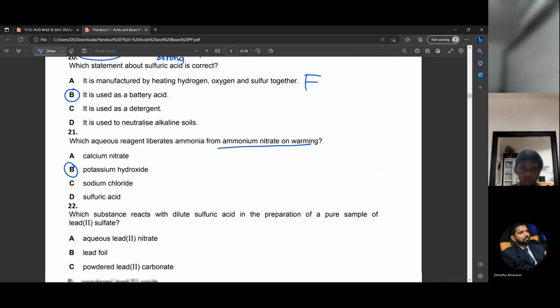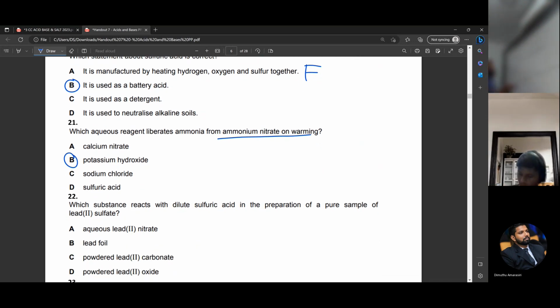Which substance reacts with dilute sulfuric acid for the preparation of a pure sample of lead(II) sulfate? Rules: soluble, insoluble. The lead(II) sulfate is insoluble, so this is a precipitation method.